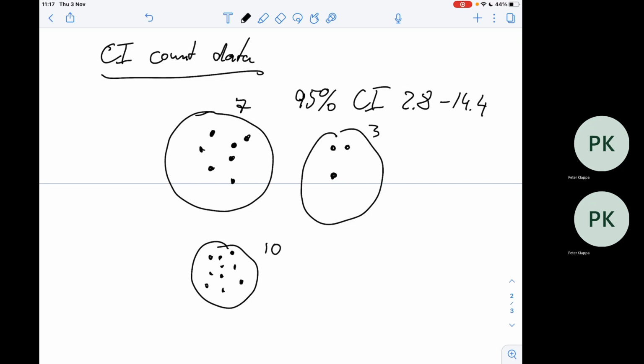We could calculate a mean for that, but the way you calculate a confidence interval is you say you've got 3 plates, you just add up all the counts. So in this case, that would be 20, am I right? So the sum is 20, and we have that on 3 plates.